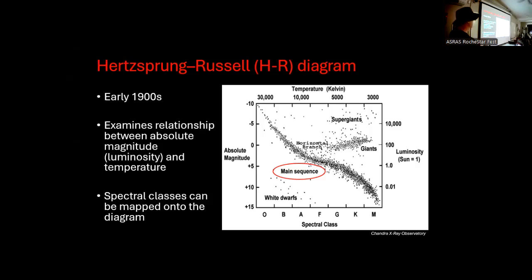So hot, large stars, O-class stars, through cool, low luminosity stars are out here on the very end. And so our sun, as you can see here, this luminosity scale is defined as the sun being a class of 1. So our sun lives right here, which is, again, I said a G-class star.